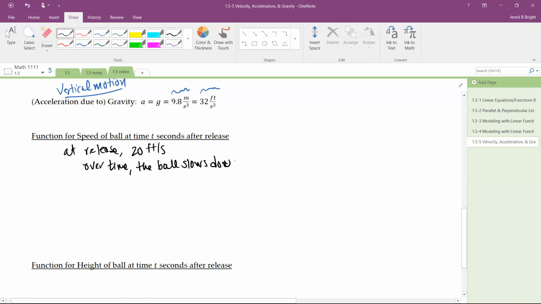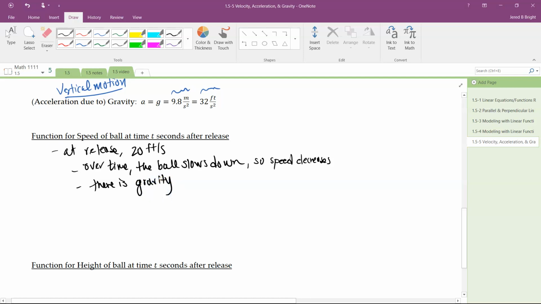It'll slow down, eventually stop, and then come back down, and as it comes down, it'll speed back up. But anyway, so speed decreases. That's one thing we know. And then, like I said, eventually it would increase again.